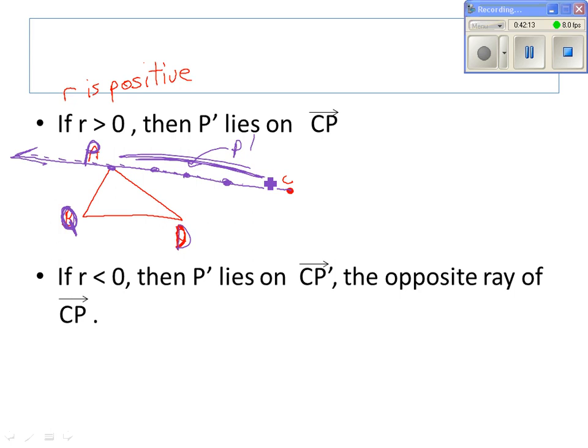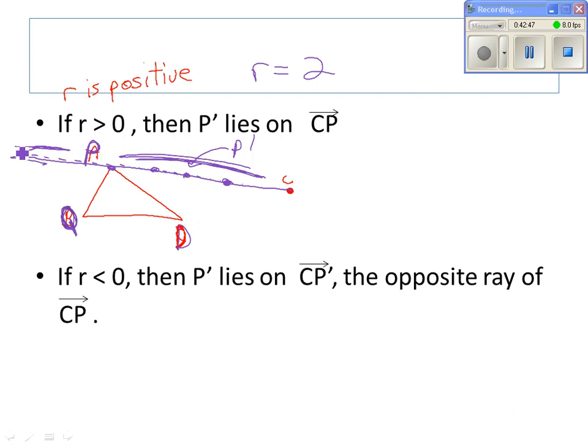Now that doesn't make a whole lot of sense to you yet. It'll make more sense when we do this one down here. Is that the answer? Not usually. Well, no, that's just telling you that if this is positive, then this P prime is going to fall somewhere in here. Depending on what we did, if our R was 2, then it's going to be an enlargement, and it'll be over there.